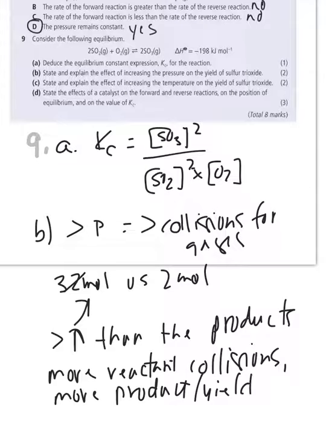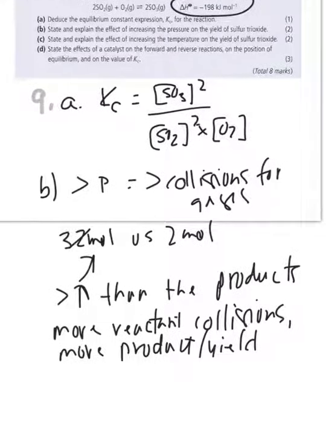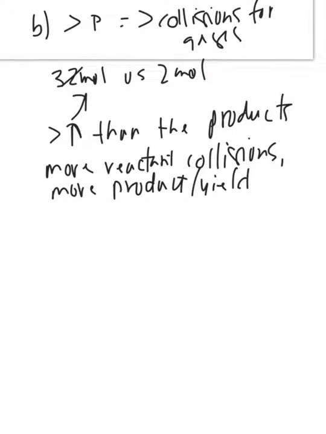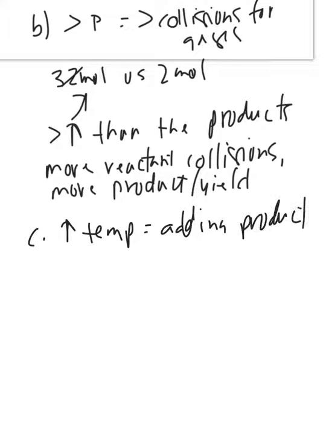Then part B says, state and explain the effect of increasing the temperature on the yield. Well, in this case, you have to look at delta H. It's an exothermic reaction. So if it's exothermic, increasing temperature, you can think of it as 2 ways. You can either think of increasing temperature as like adding product, because heat is a product, it's released.